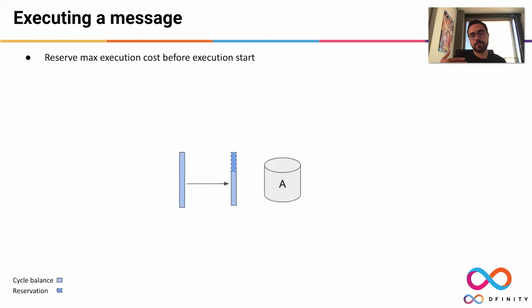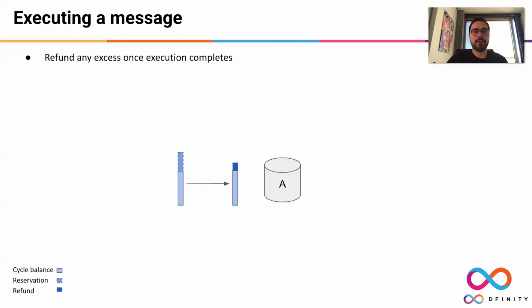More specifically, before the execution starts, we reserve the max execution cost from the cycle balance to guarantee that the execution can happen. And at the end, any excess will be refunded back to the canister's balance.